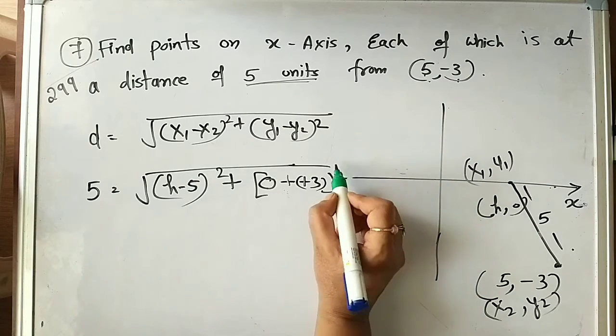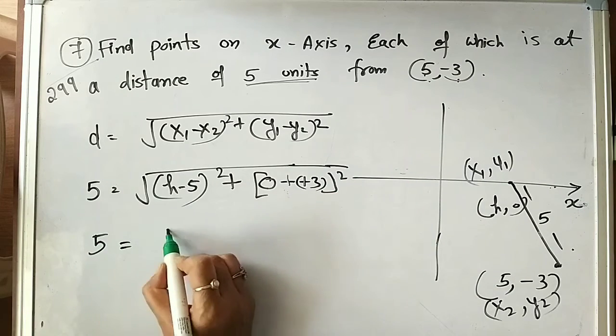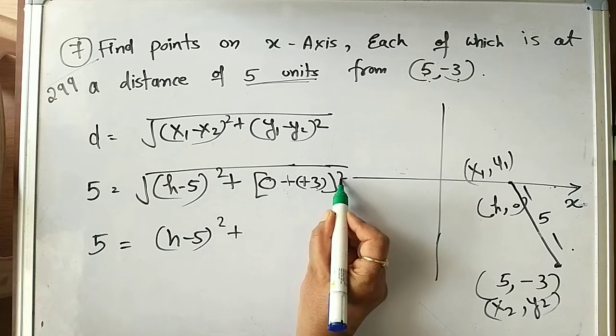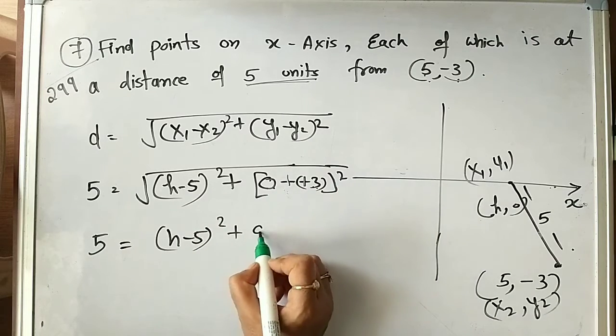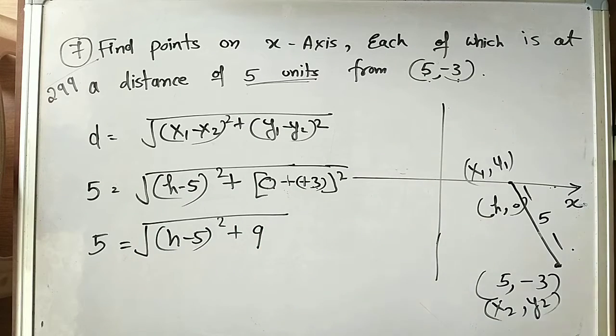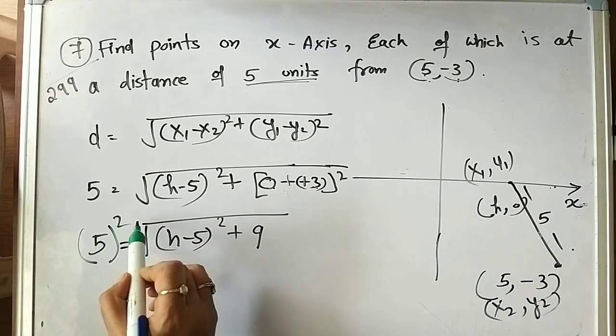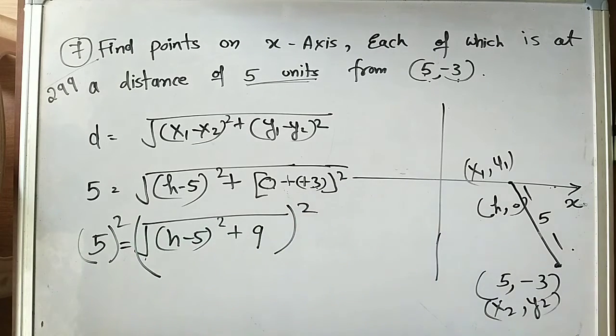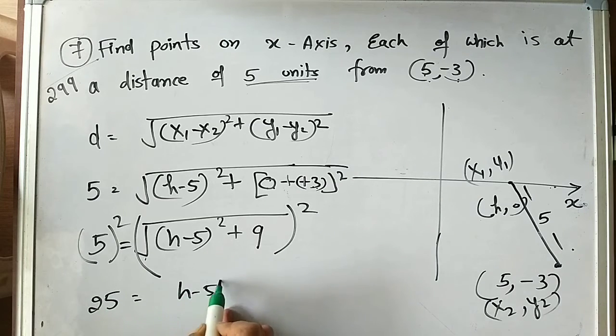Now let me simplify a little bit. H minus 5 square plus, what is 3 square? 0 we can leave. 3 square is 9, under root. Let me take square both sides, because I am trying to get rid of this root. So this will be 25 is equal to h minus 5 square plus 9.